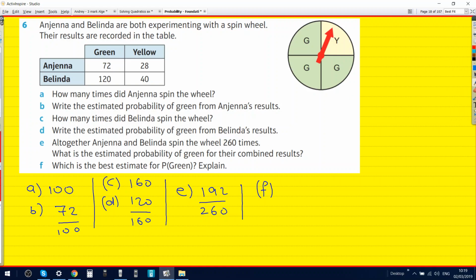And actually, the very best result will be this one, because that's a total of 260. So combining the two is actually definitely the best one, because it has the most trials. Any questions there? No. Okay.